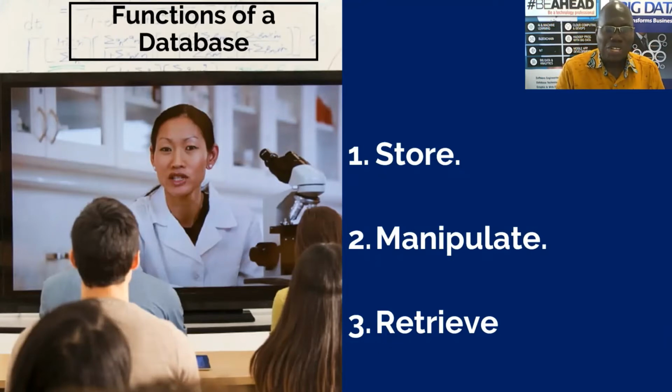Now, when you retrieve stored data and you have manipulated it, it then becomes useful information. So these are the functions of a database. Number one, to store; you manipulate, and then you retrieve the data, which is useful information.